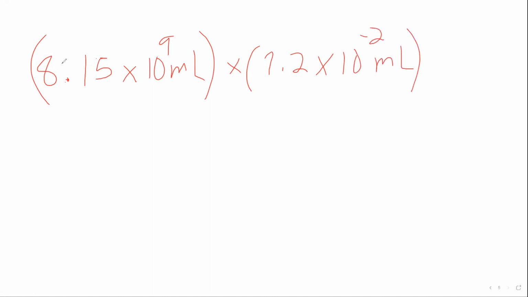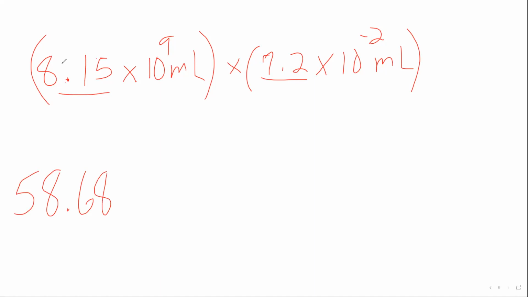All right, so when we multiply, we're multiplying just this part, right? All right, so let's multiply that and we get 8.15 times 7.2. That number is 58.68. And we're just going to leave it like it is for now, because we're not worried about the sig figs just yet.